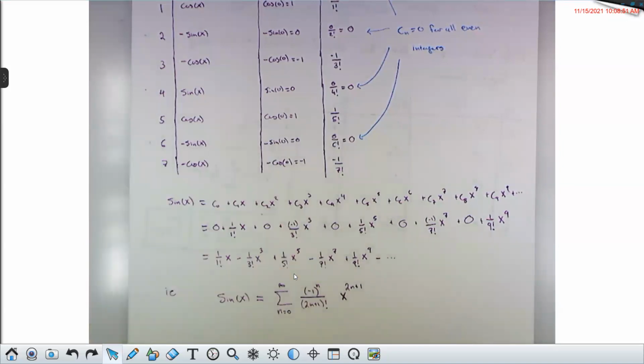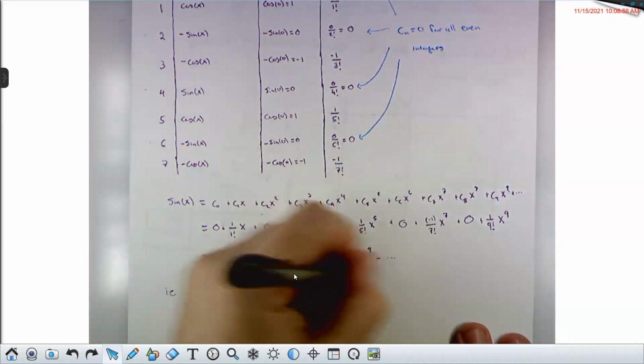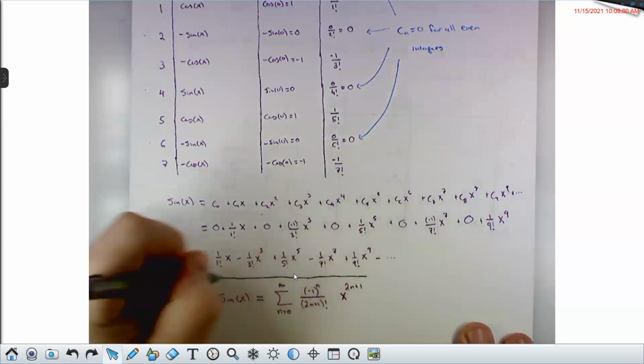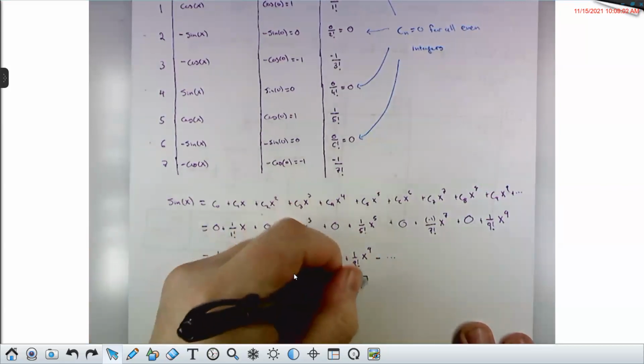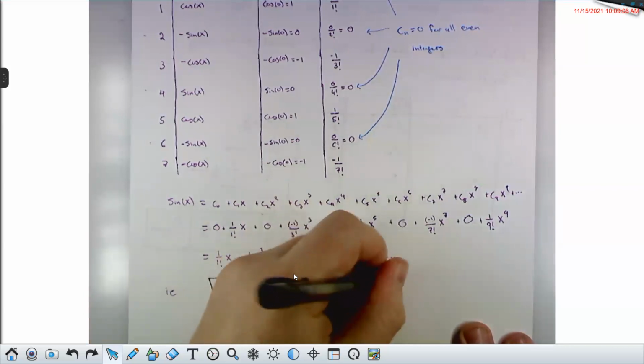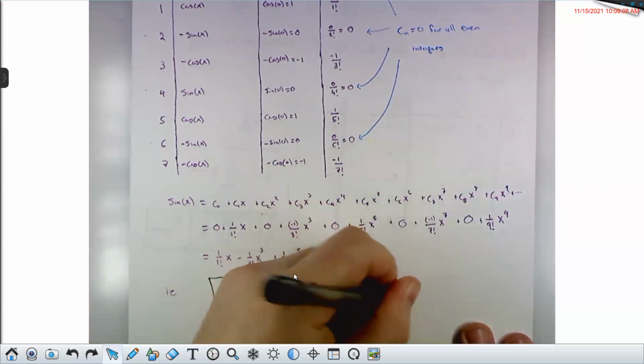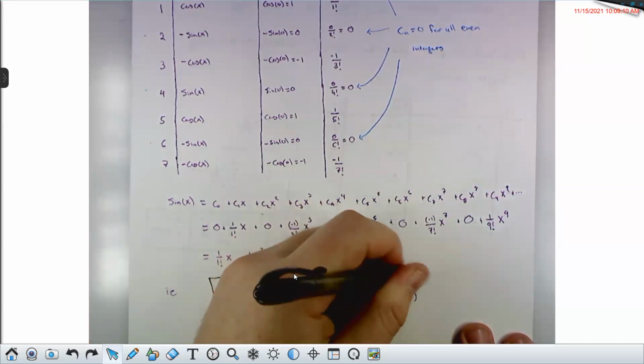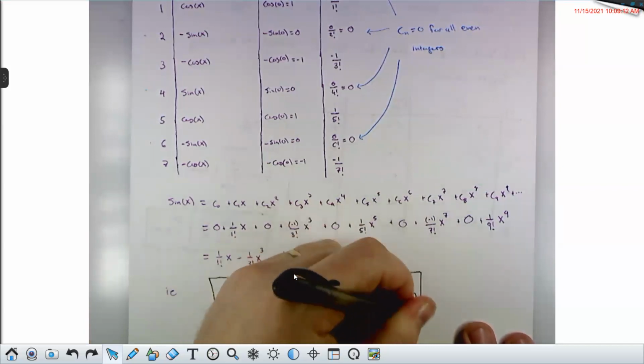This is the power series for sine x. And like the power series for e to the x, you need to remember this forever and ever. The interval of convergence here is also -infinity to infinity, and it's a quick ratio test to get it.